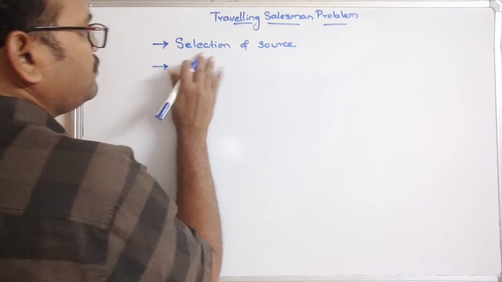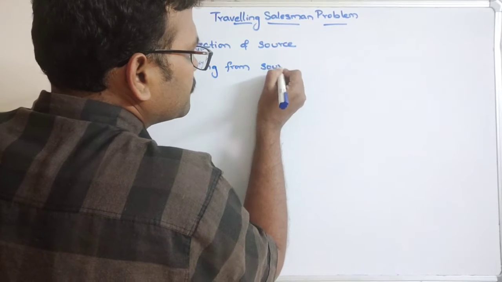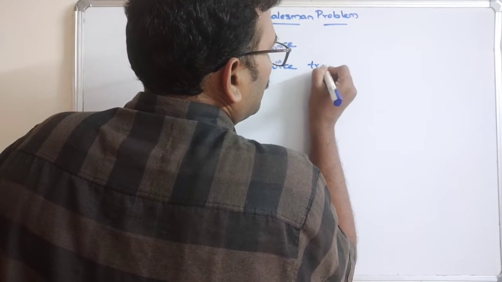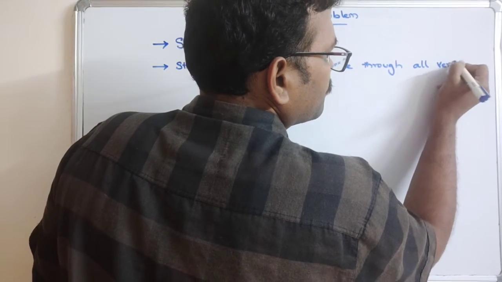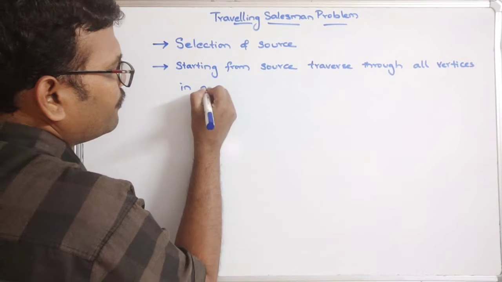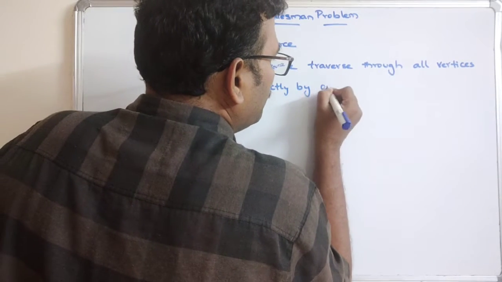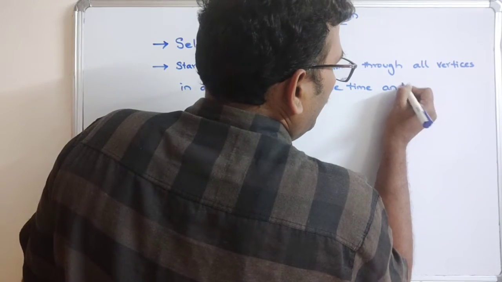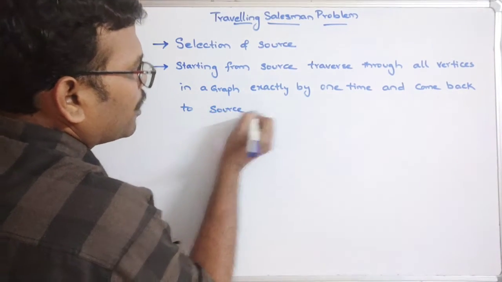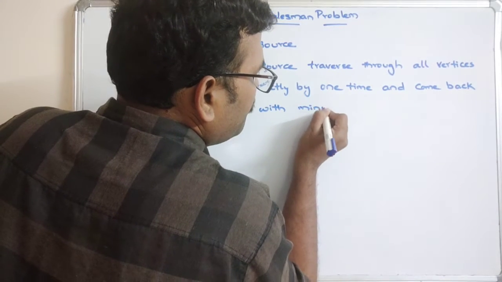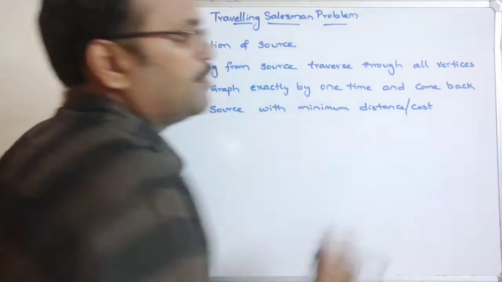And the second one: starting from the source, traverse through all vertices in the graph exactly one time and come back to the source with minimum distance or cost.